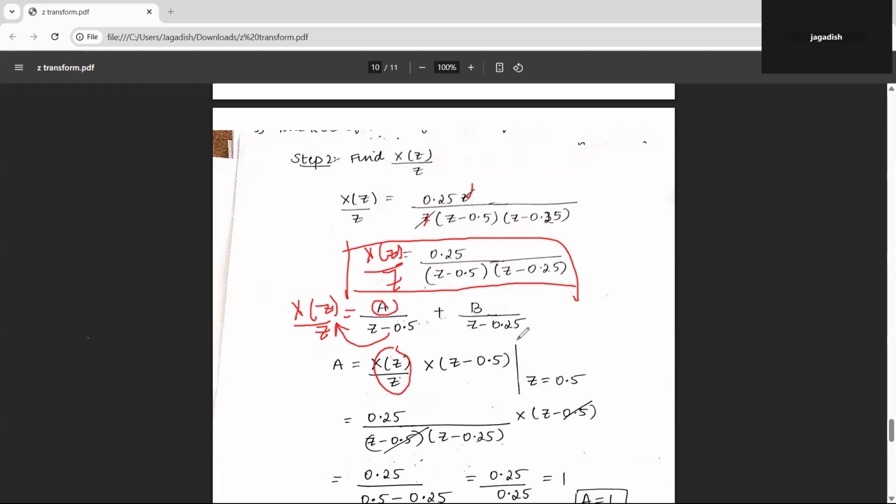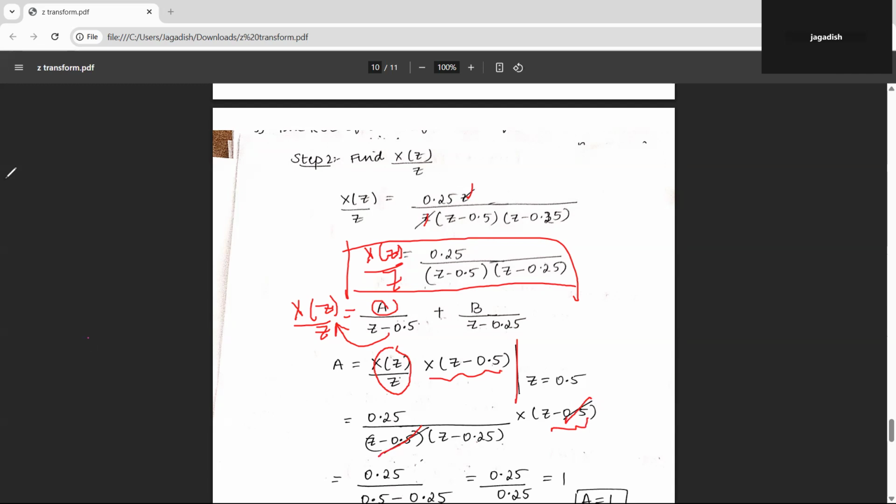I have to substitute z as 0.5 afterwards. X of z by z is 0.25 divided by (z minus 0.5) into (z minus 0.25), and this term as it is I will write. So this z minus 0.5 and this z minus 0.5 will get cancelled.